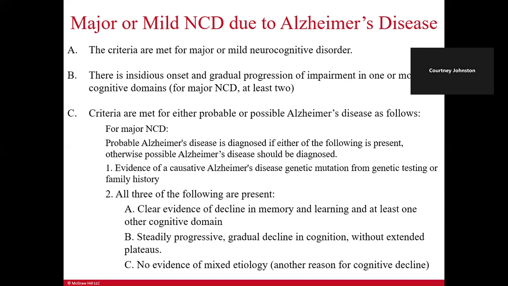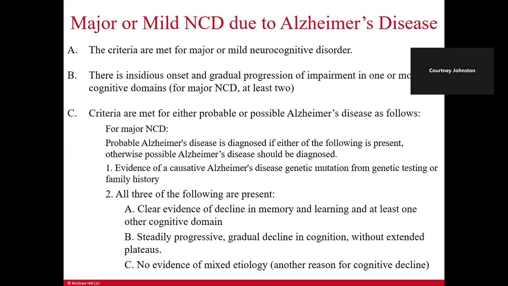So there has to be evidence of a decline in memory or learning and at least one other cognitive domain. So again, it could be memory, and then you might have attention, executive functioning, social cognitive behavior. Then there's a steadily progressive gradual decline without extended plateaus. So this decline continues, and there might be a couple of plateaus, but they're not very long. People might level out for a while and stay at the stage they're at, but in general, it's going to be progressive.